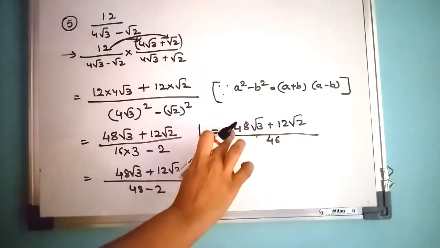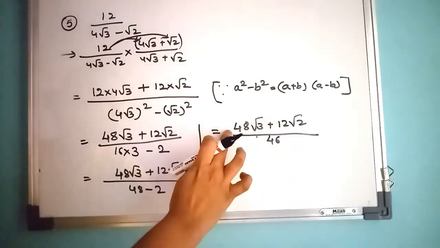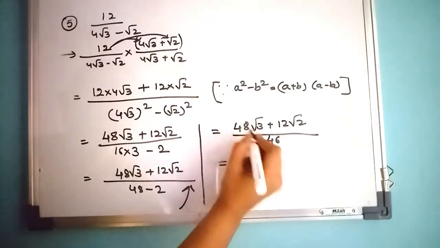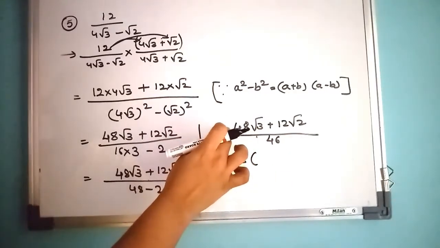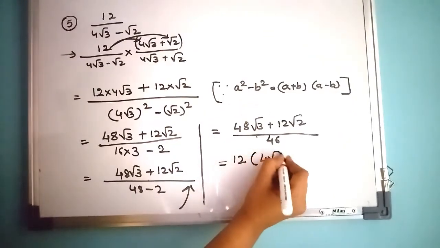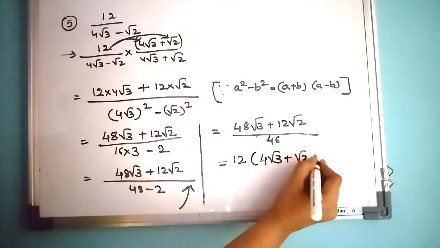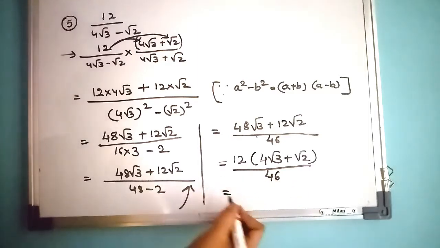Now one can see that 12 and 48 have common factors, so we can simplify them. 12 and 48 show a factor relationship. So 12 is taken out as common, at which place we get 48, since 12 fours are 48. Root 3 common, 12 is taken out, root 2, and 46 as it is.